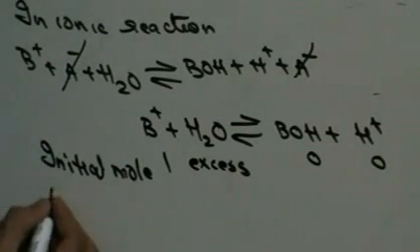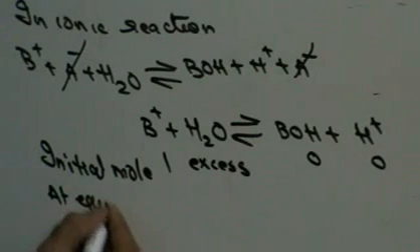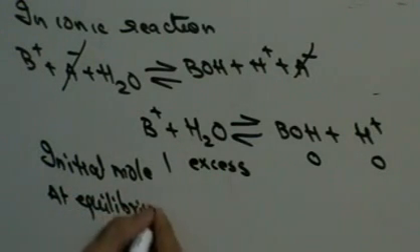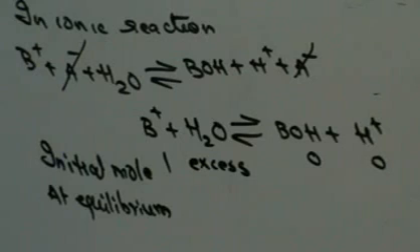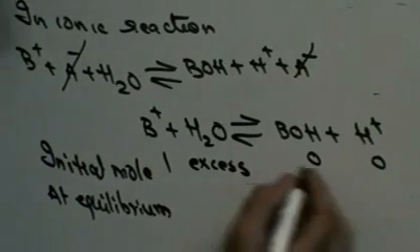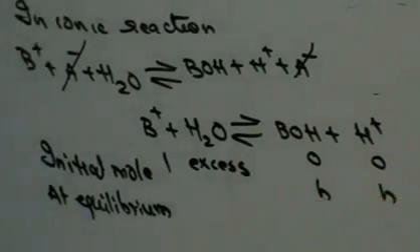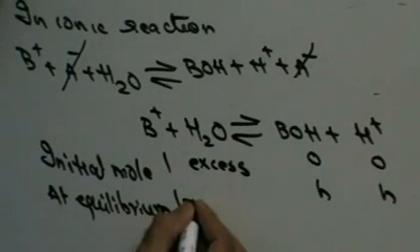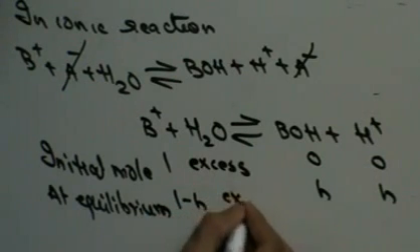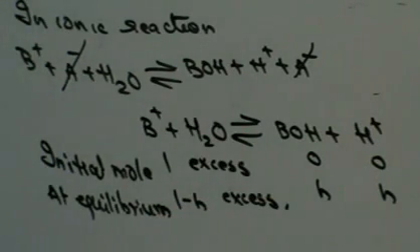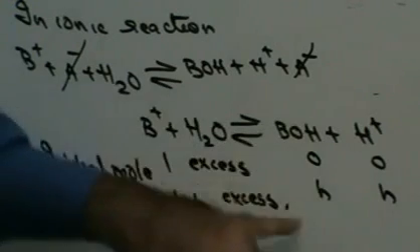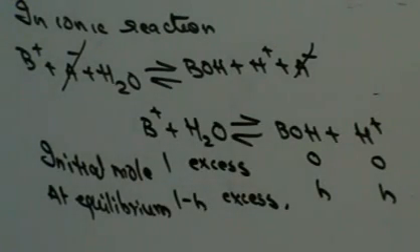At equilibrium, since the degree of hydrolysis is h, I will get h moles of BOH and h moles of H plus ions, and the B plus ions will become 1 minus h, with water still in excess.